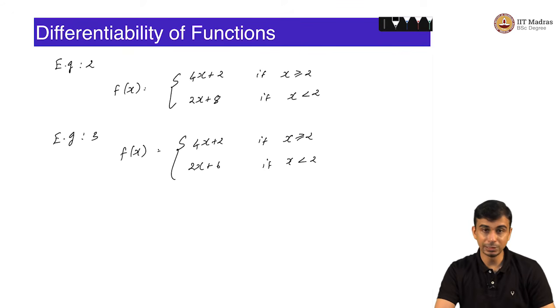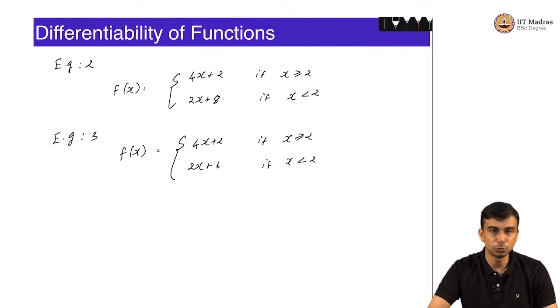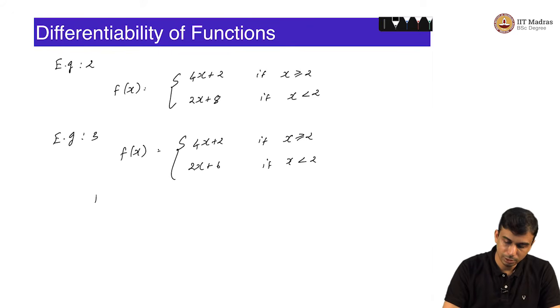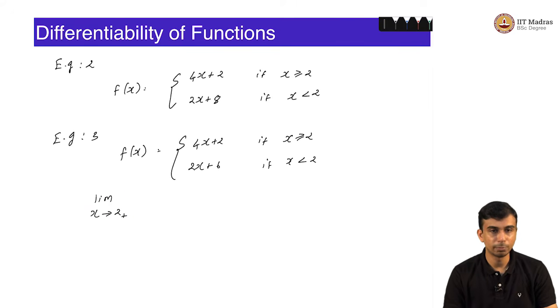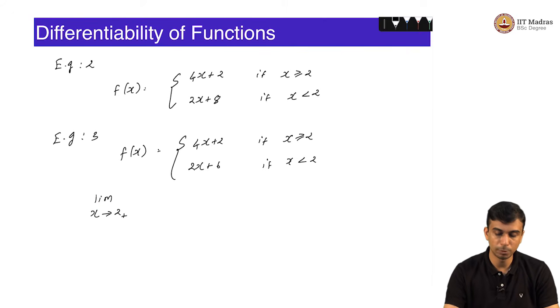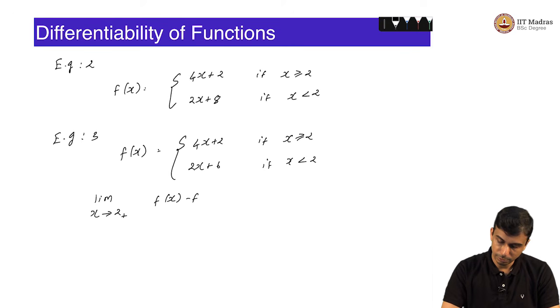This particular function is in fact continuous at x star equal to 2, but you can show that as x approaches 2 plus, by which we mean x approaches 2 from the positive side, for example 3, 2.5, 2.25, an example of a sequence that approaches 2 from the positive side, f of x minus f of 2 by x minus 2 is exactly equal to 4.